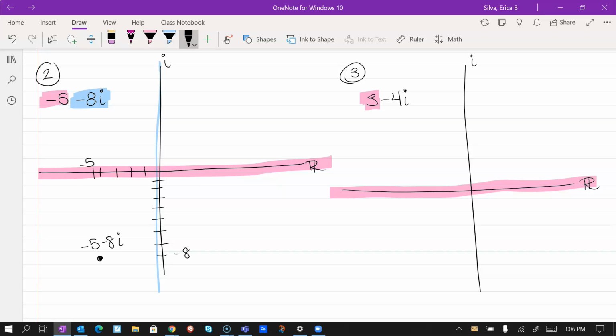It's positive. So 1, 2, 3. And the -4 is on your y-axis. 1, 2, 3, 4. So it's this point right here at 3 minus 4i. Any questions on graphing complex numbers? We're almost done, I promise.